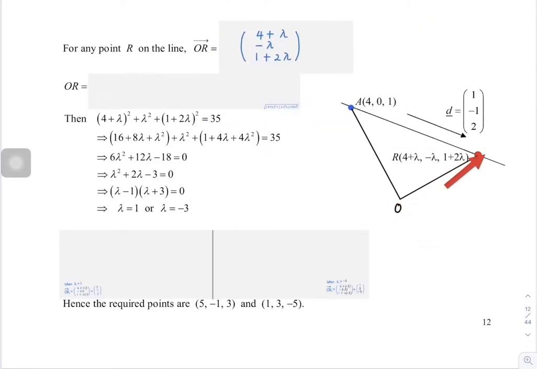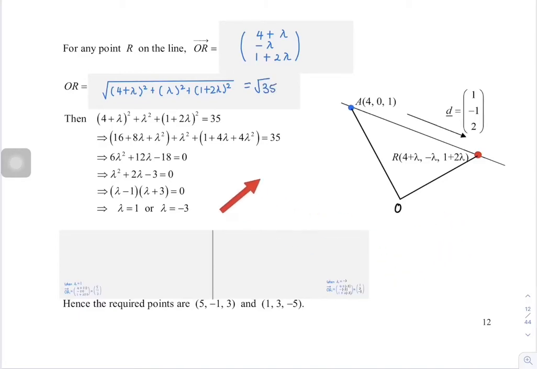So OR has this position vector, and therefore the magnitude of this vector is given by this formula that we have seen before in vectors 1. According to the question, this OR, the distance from O to the point R, has magnitude equal to square root of 35.